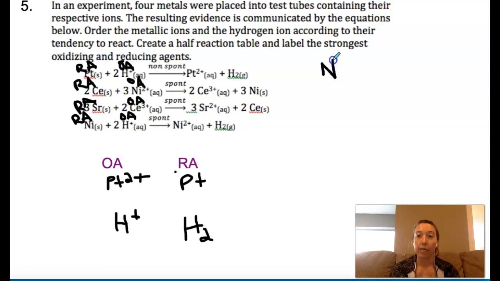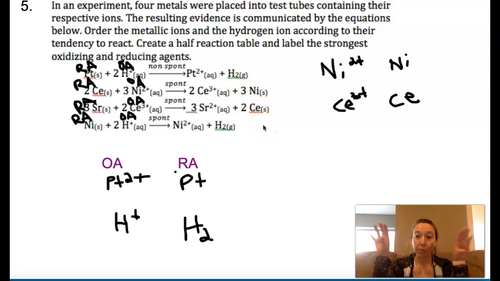So I know that the nickel with that 2+ charge has to be higher on the OA side than that Ce is. It has to go like this so that I get that spontaneous combo, right? And then we can fill in those missing pieces, which would just be the regular nickel over here and the Ce3+. And again, I'm filling those pieces in because those are the products in that equation. So now we have two pieces to the puzzle.